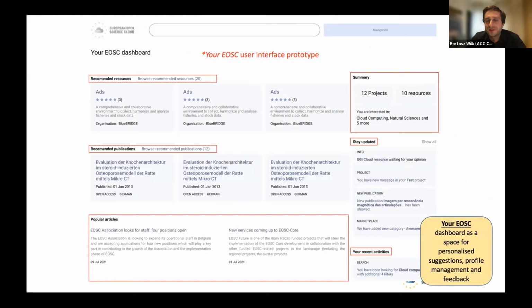To recall it from memory, when we are approaching the end of EOSC Future, you can notice how we are approaching our first steps in the user interface prototype designs. This is your EOSC Dashboard, and you can notice that all the recent activities or notifications and information relevant for the users gathered from the whole environment is published there, as well as personalized content like recommended publications or software, as well as popular articles in the EOSC Portal.